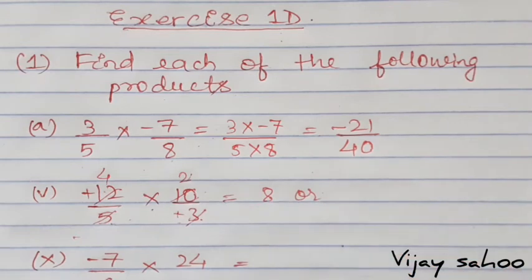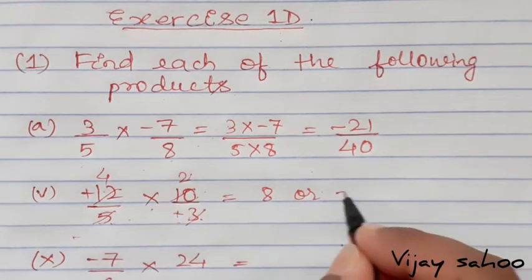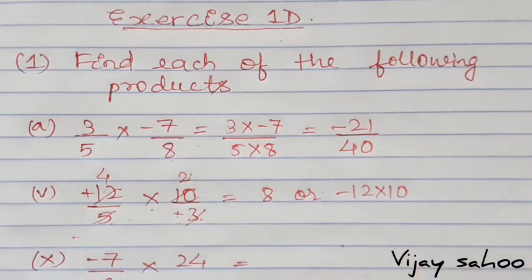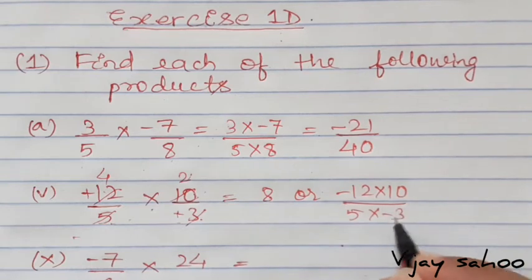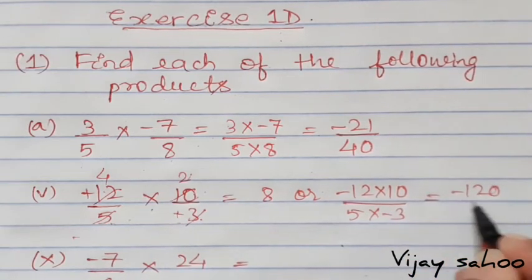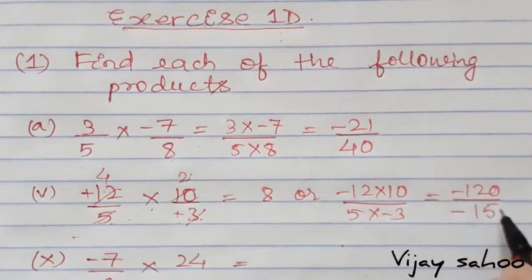Or what you can do, you can directly multiply the numerator as well as denominator. So if I multiply, it will be minus 12 by 10 upon 5 into minus 3. So what will be the answer? Minus 120 by minus 15.